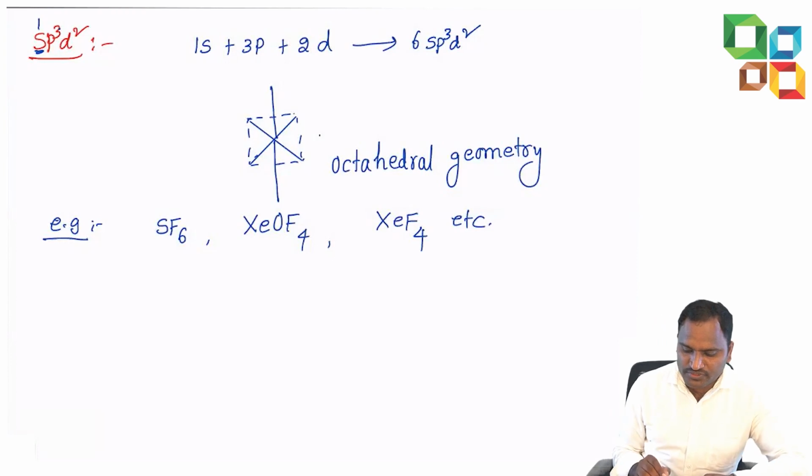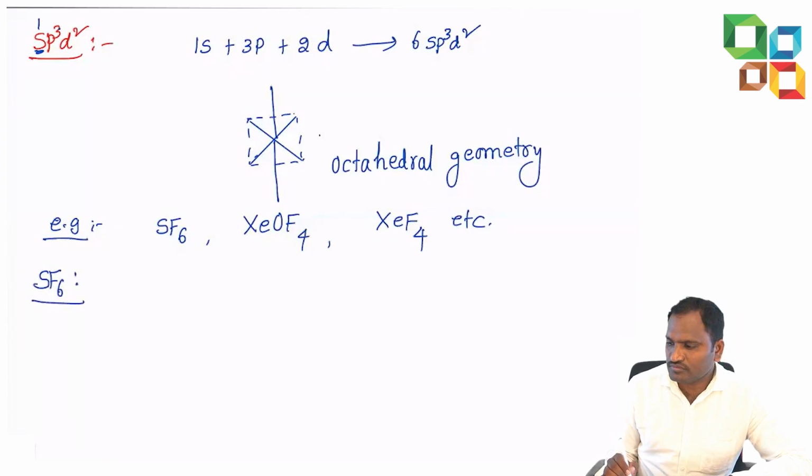Now I'll explain how SF6 undergoes sp3d2 hybridization. In SF6 the central atom is sulfur. Its atomic number is 16.